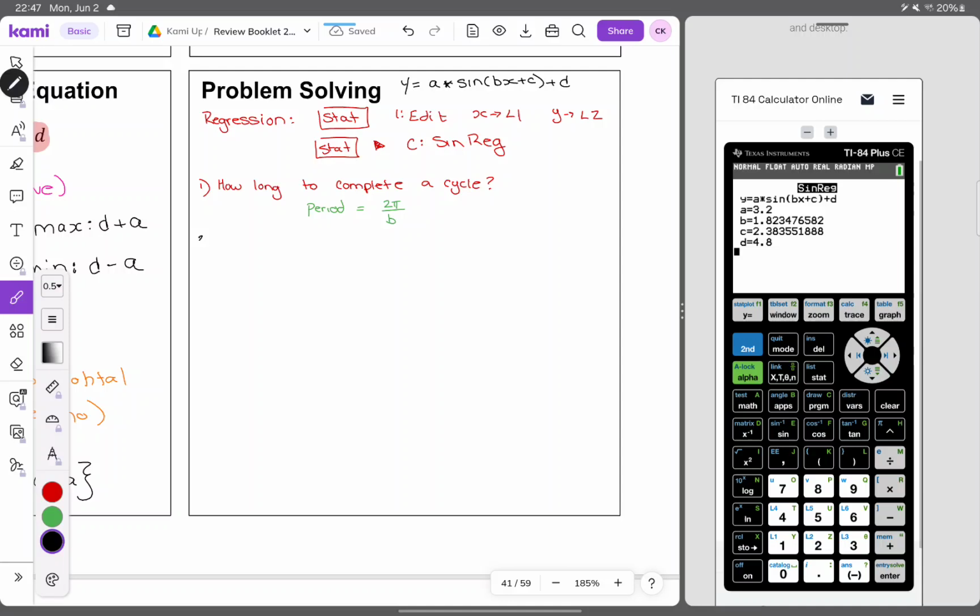Okay. Another thing that they could ask, maybe this question is talking about a Ferris wheel or a water wheel or a circular shape of some sort. They might ask, what is the radius? The radius is always your A value. It's your amplitude. They could ask you, what is the min?